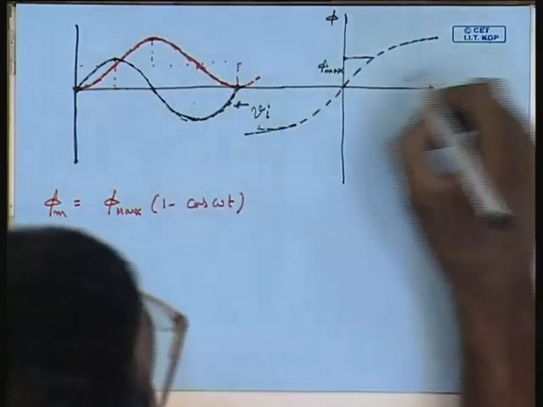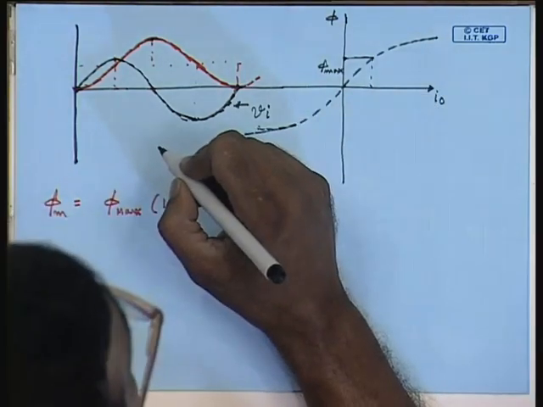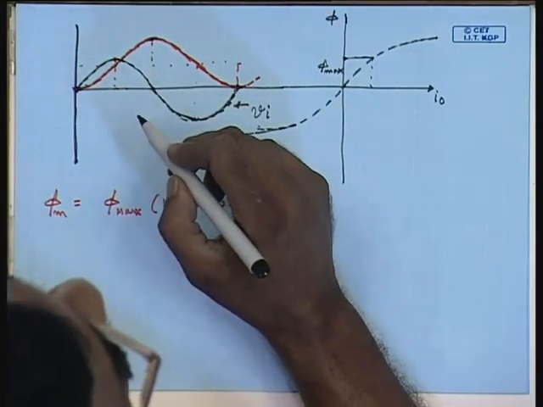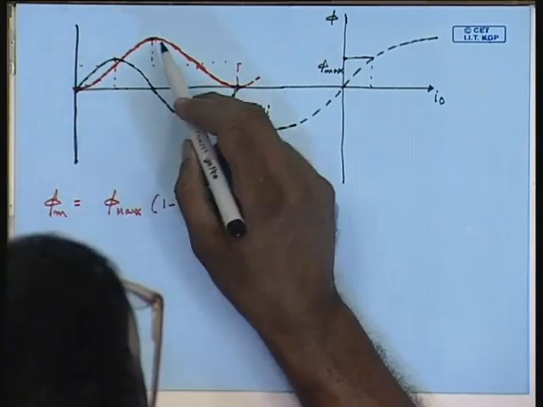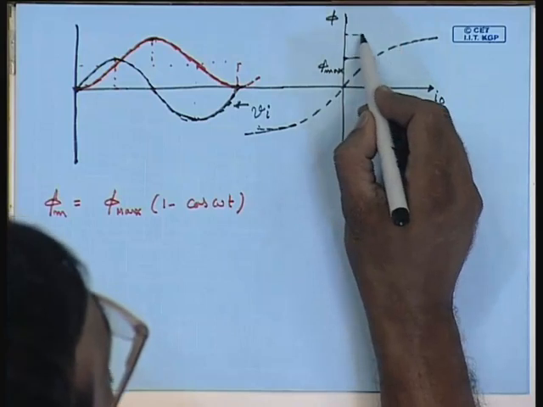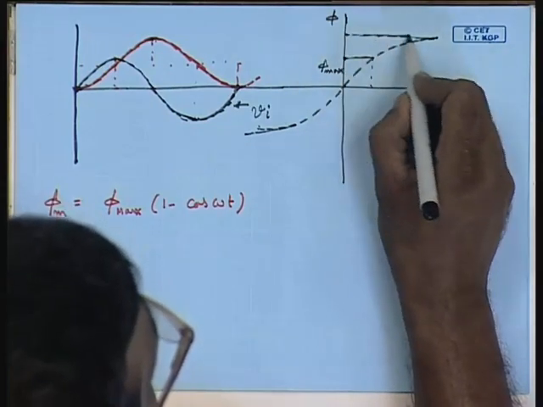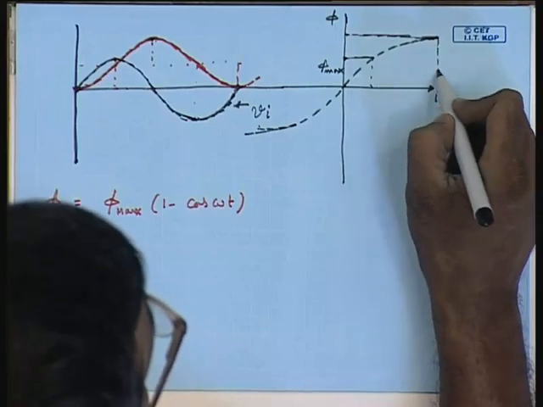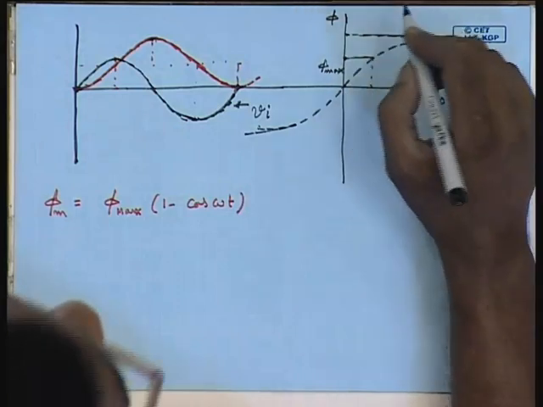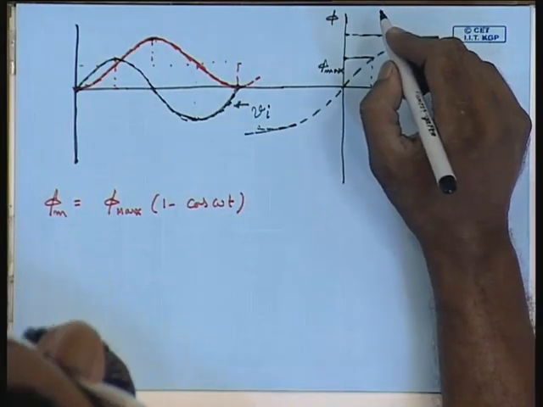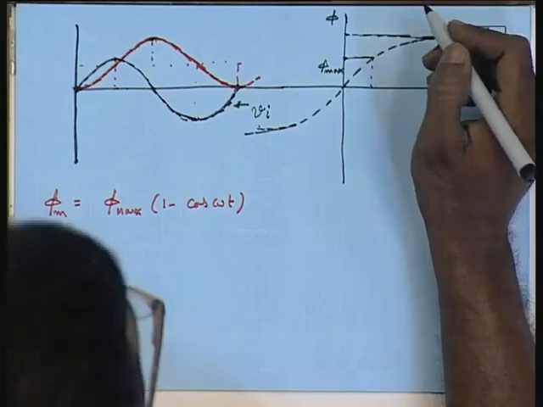However, we see that because of switching, initially the flux rises to almost double the value. Due to nonlinearity of saturation, the current will not be double, it will be very large. In cases it can be 50 to 100 times the normal no load peak current.